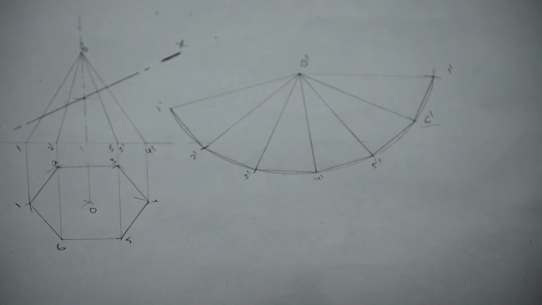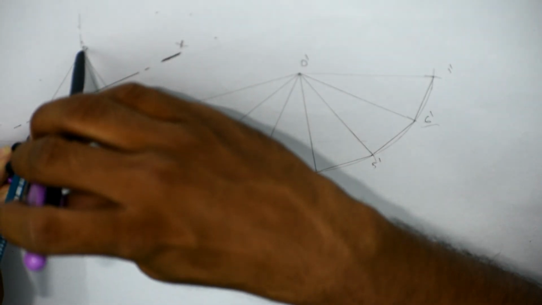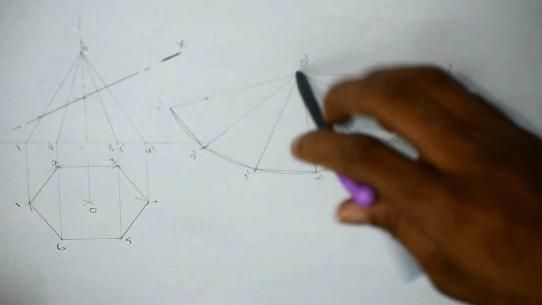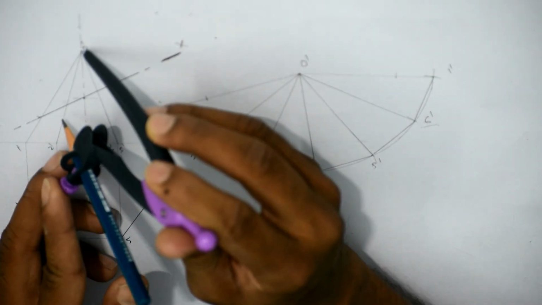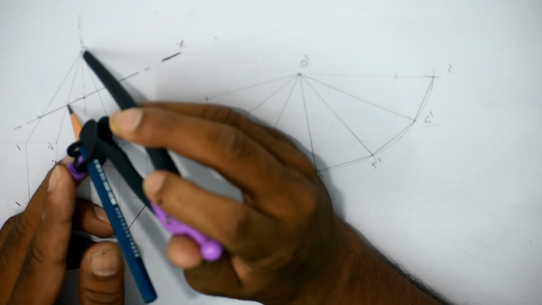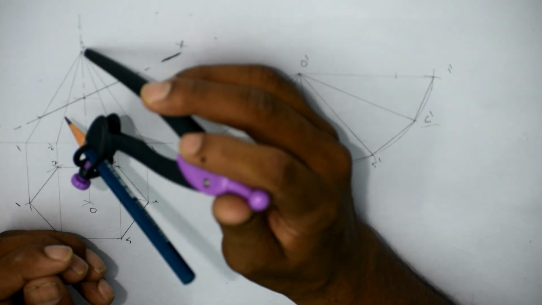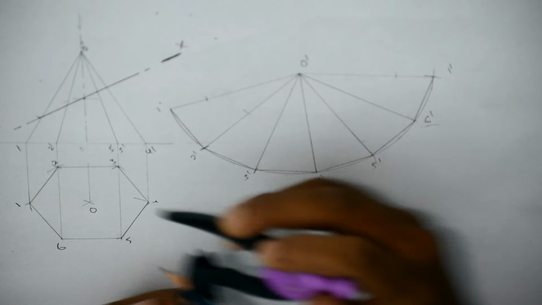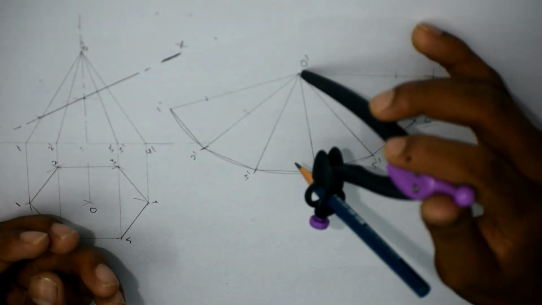Now for the sectioning part, take from O dash to the first edge and cut the arc here and here, because this is also 1 dash. In a similar way, the second corner, and then this is the third, and this is also the sixth.